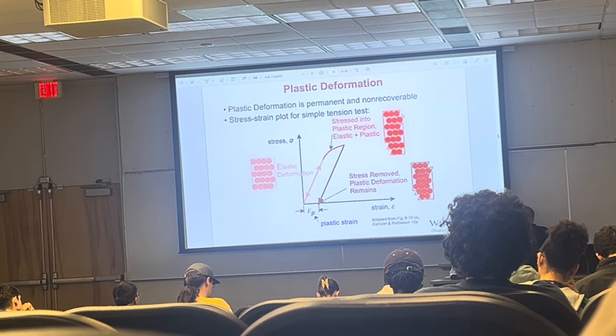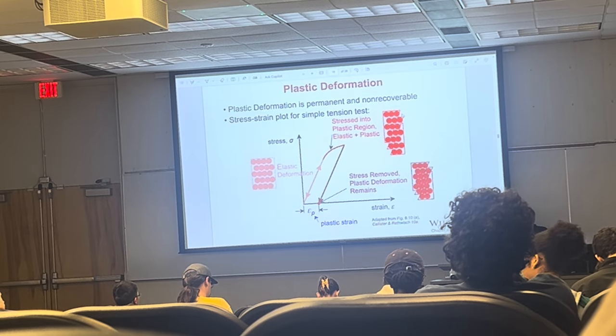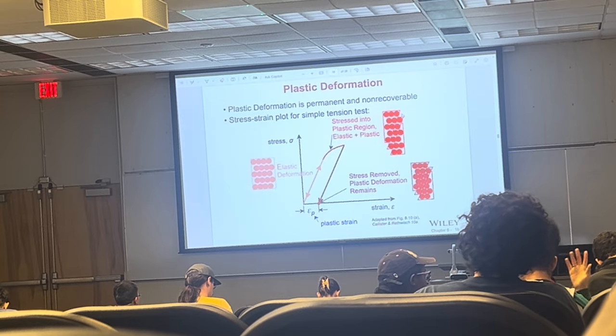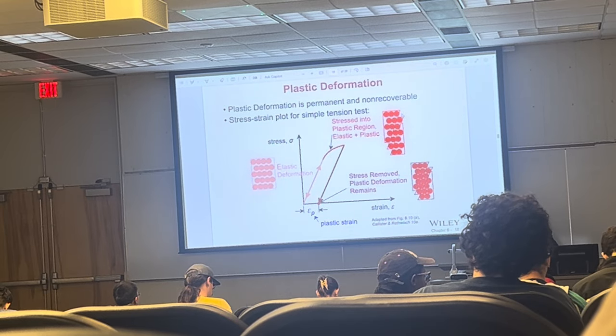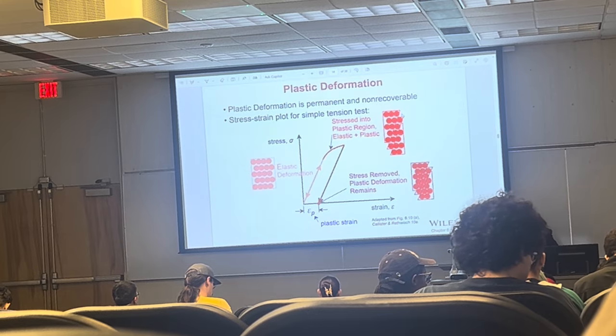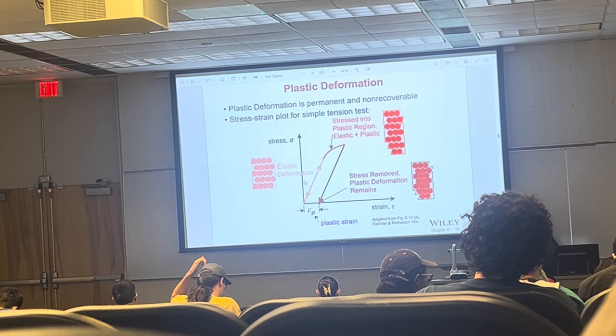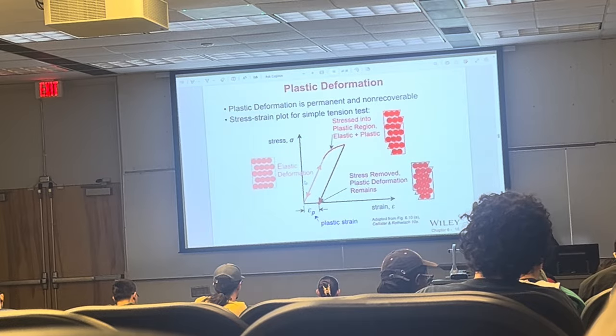That's why after a fender bender, you have to take your car to a mechanic or to a body shop for them to restore the shape of the metal. Majority of the designs are going to be here in the elastic region. Otherwise, the part changes its dimensions and it doesn't fit anymore.